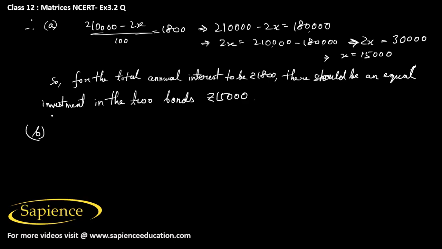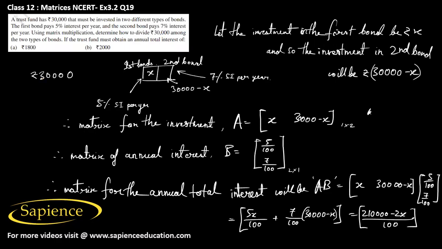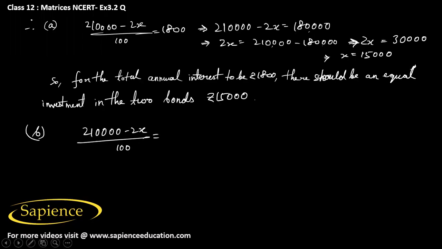And in part B, it has been told that this 2,10,000 minus 2x by 100 should be equal to 2,000. So then 2,10,000 minus 2x should be equal to 2 lakh.